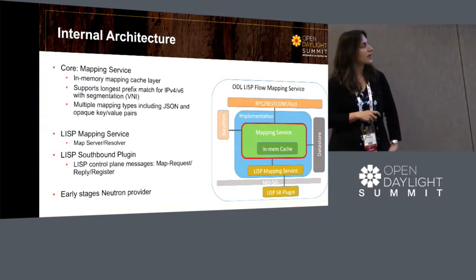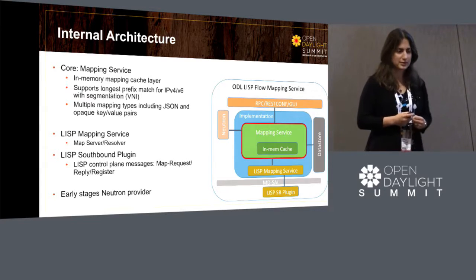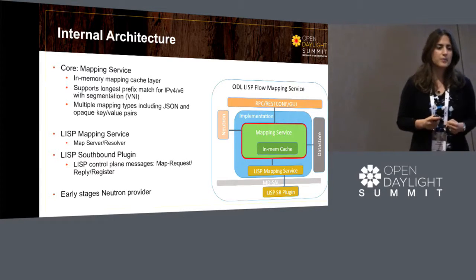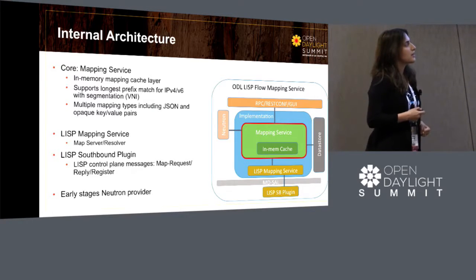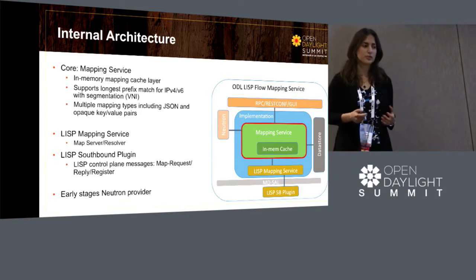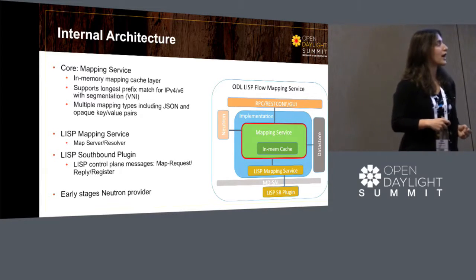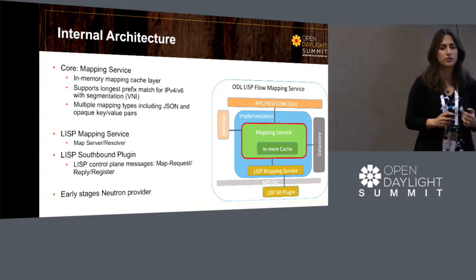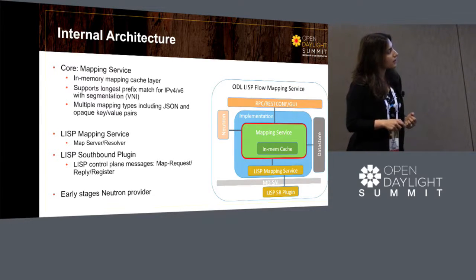So this slide captures at a high level the internal architecture of the mapping system. At the core of it, what I want to share here is that we have the mapping system implementation where the data and the mappings are persisted using the data store. And also we have an in-memory cache layer for performance and speed. But also what you see is that we have, of course, the LISP Southbound plugin.